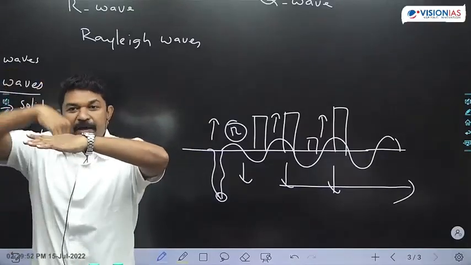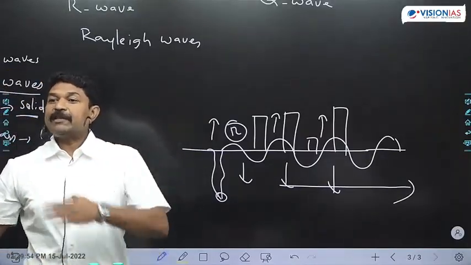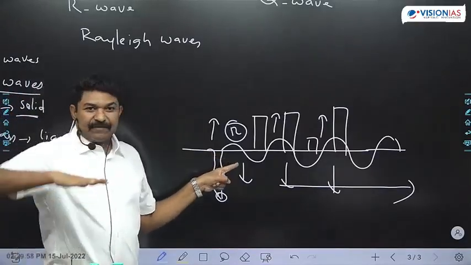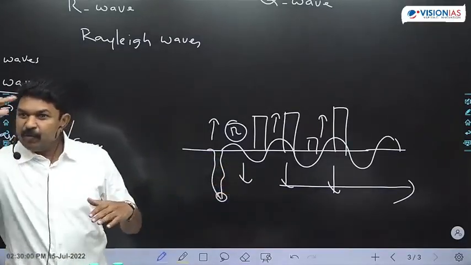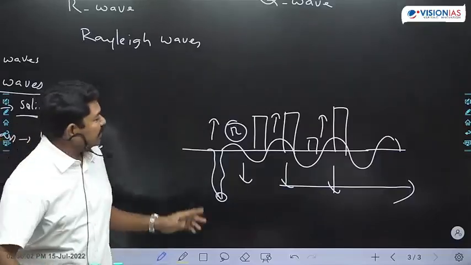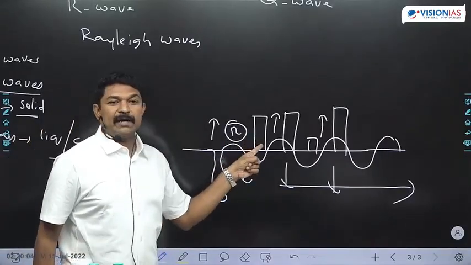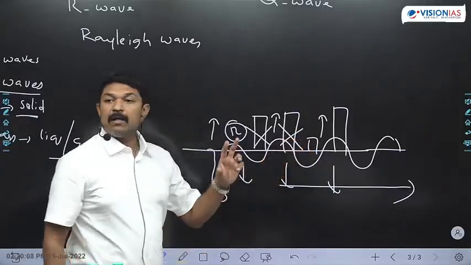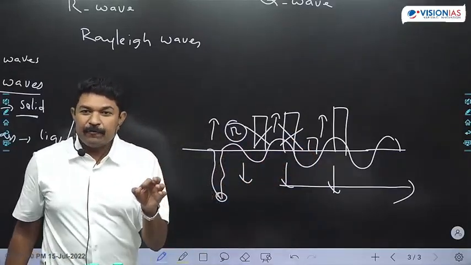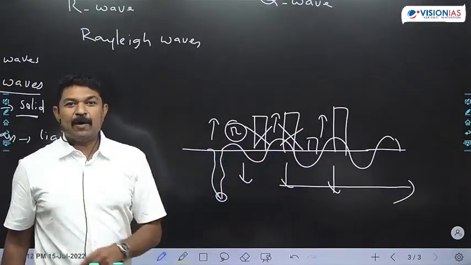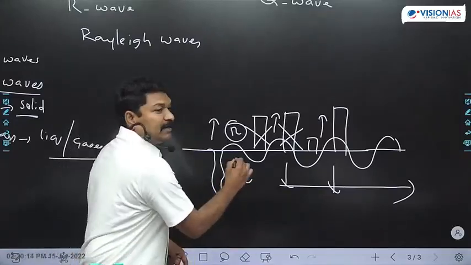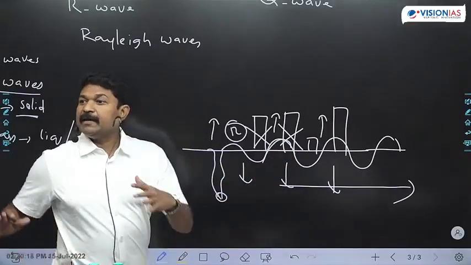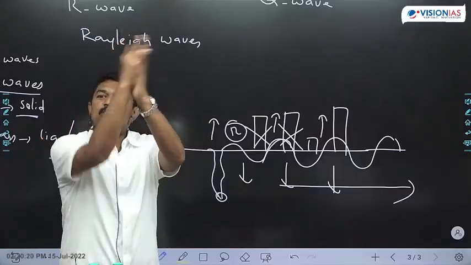Right? Whenever the wave is going like this, what happens? It uplifts the land. The surface was like this. When the wave is moving, it uplifts the land. Whenever the land is uplifted, what is there on the land? All the buildings will collapse. Where do you find high intensity of collapse? Whenever the wave is in the crest form. Very great intensity, where the material is being thrown apart.